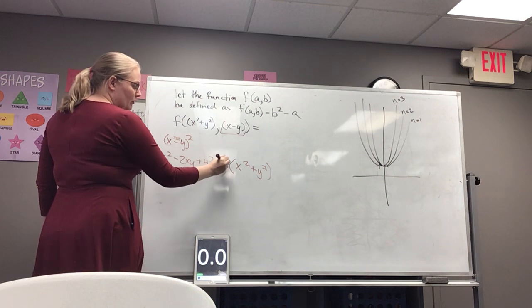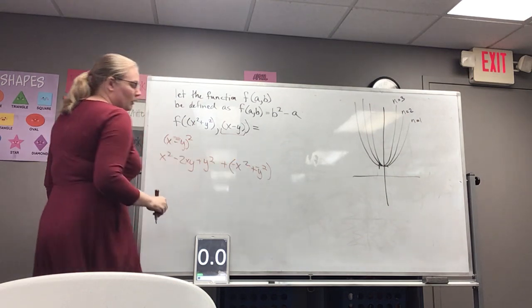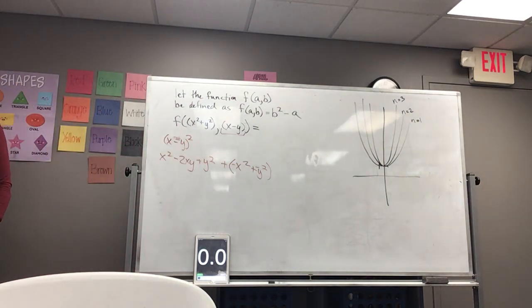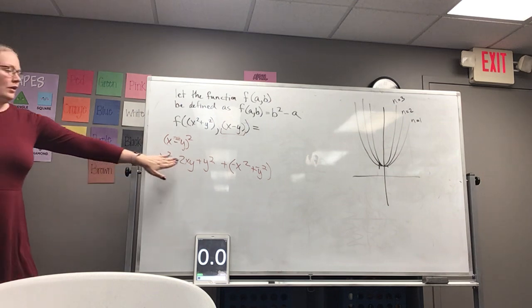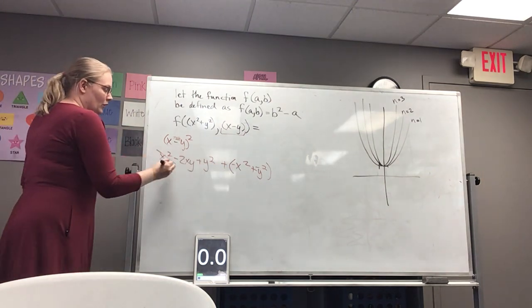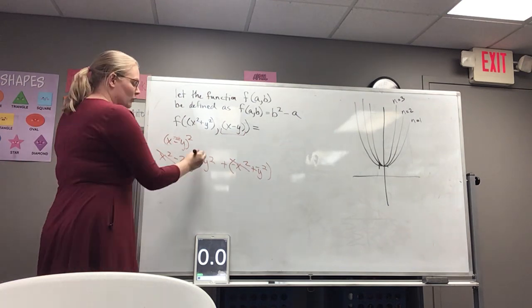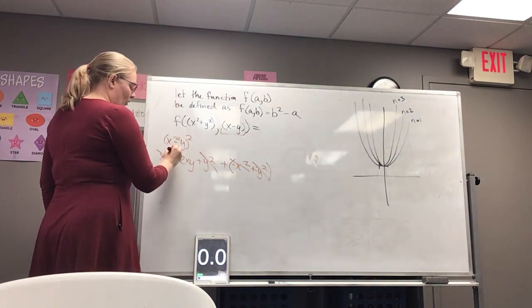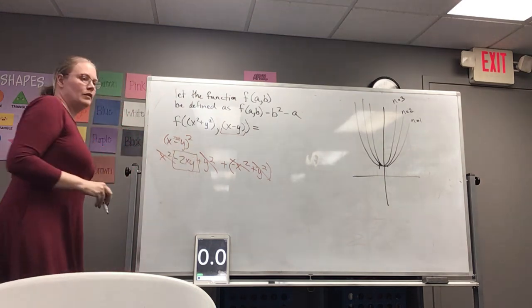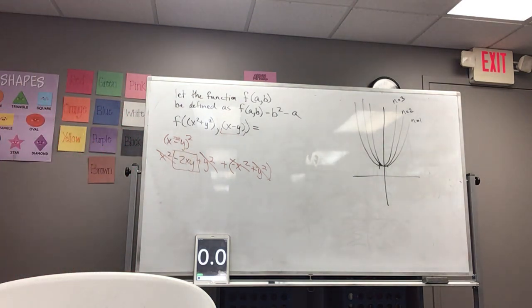The subtraction, you can distribute it, is now applying to both pieces. x squared minus x squared goes away. y squared minus y squared goes away. Only negative 2xy remains.